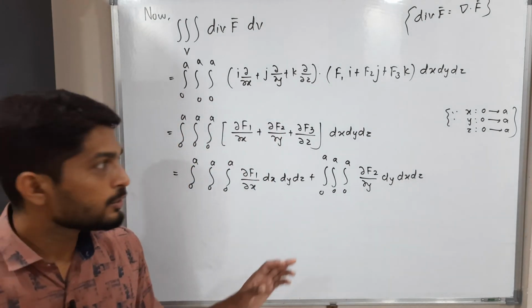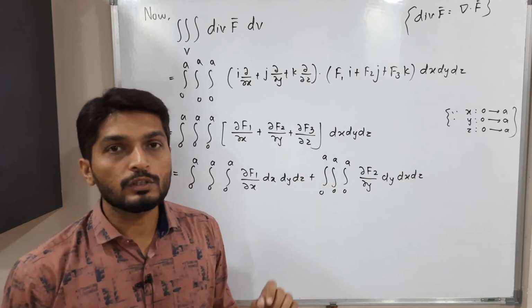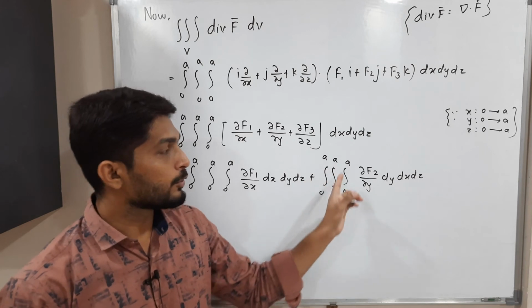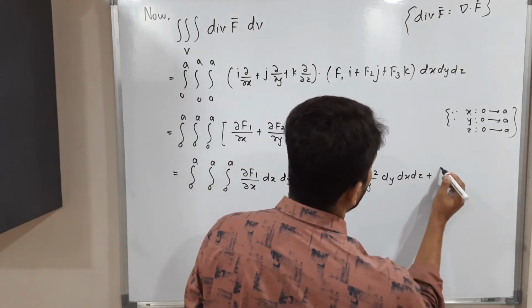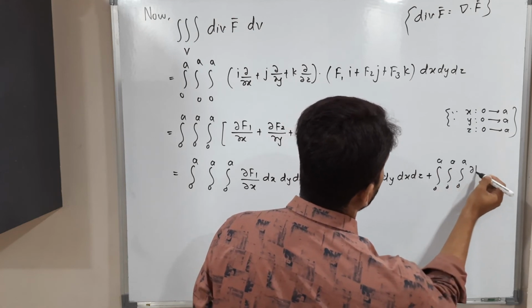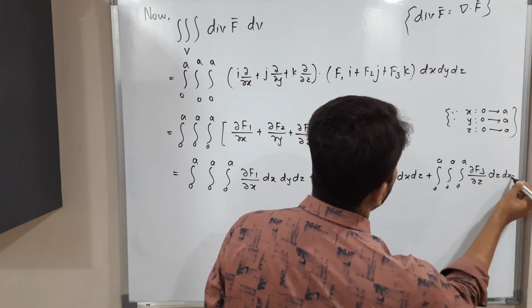We can easily interchange the order because the limits of integration are constants, 0 to a. For the third also, 0 to a, 0 to a and 0 to a, I should write ∂f3/∂z dz dx dy.